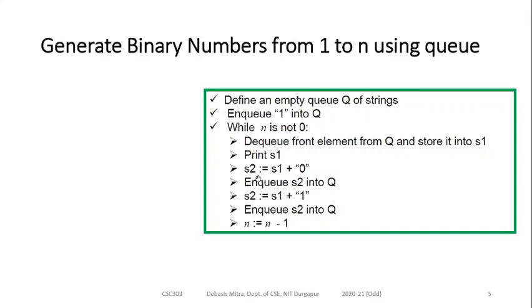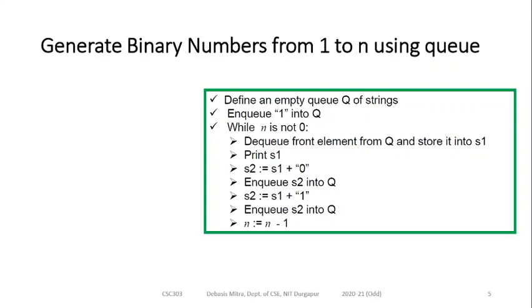For any iteration, the iteration will run until n becomes 0. First, we have to dequeue the element from the queue, which means removing the front element, and we store it in a temporary variable called s1. That will also be a temporary variable capable of holding a string.